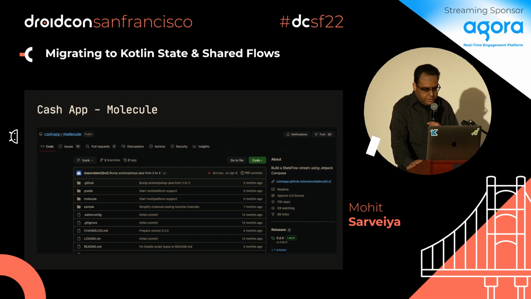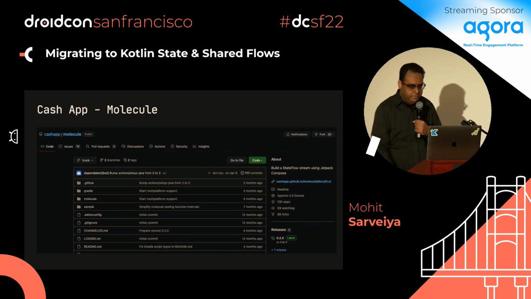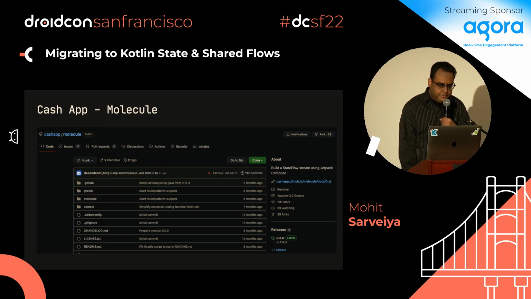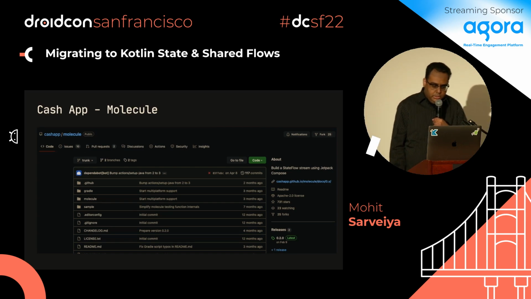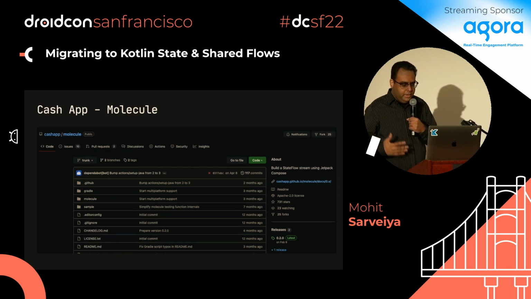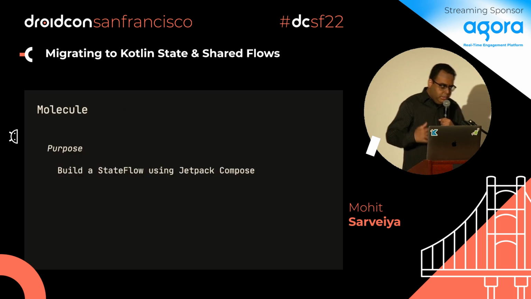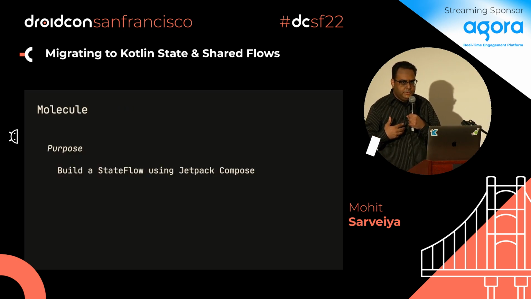The approach that I'll share with you is based on a library at Square, at Cash App, called Molecule. This is a library that uses Jetpack Compose to build state flows. And when you think about it, Jetpack Compose is not just a UI toolkit.